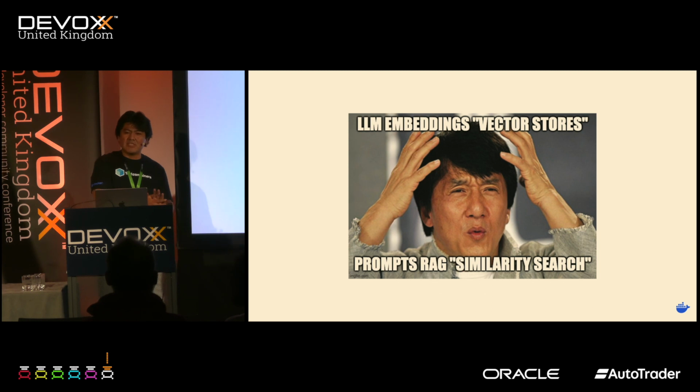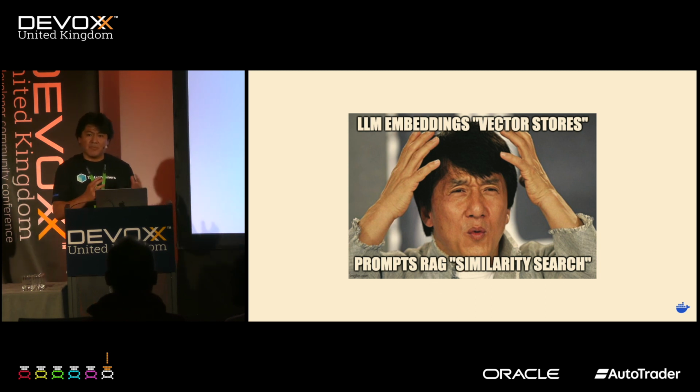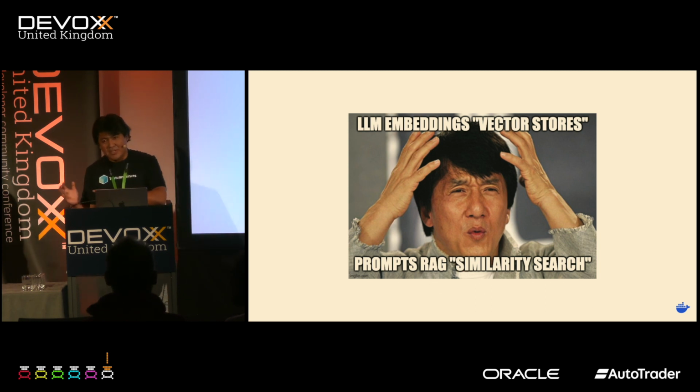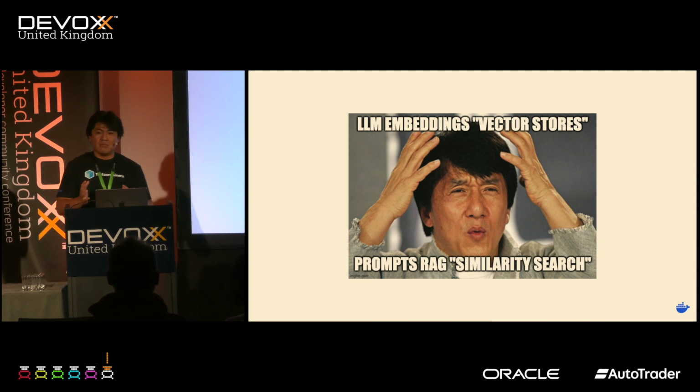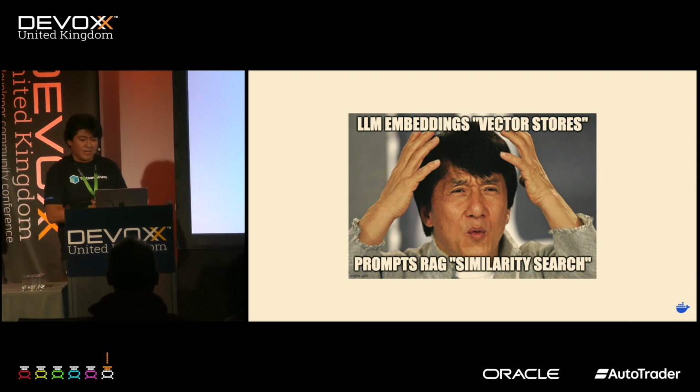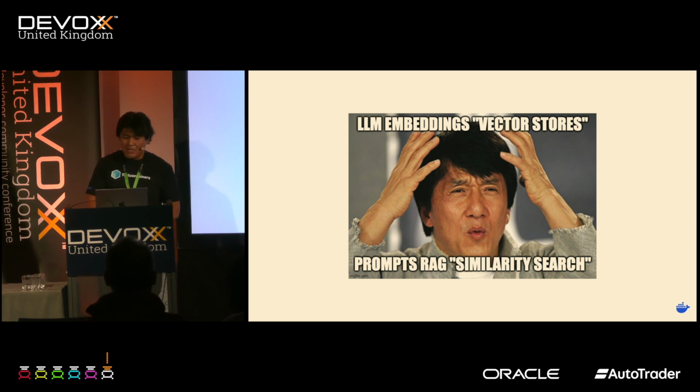There are also embeddings. The embeddings are basically the information that is stored in the vector stores, and the vector store is a database. So there are new technologies rising nowadays, but also the technologies that we used to use, such as Postgres, Elasticsearch, Oracle, are also in this sector. What else?